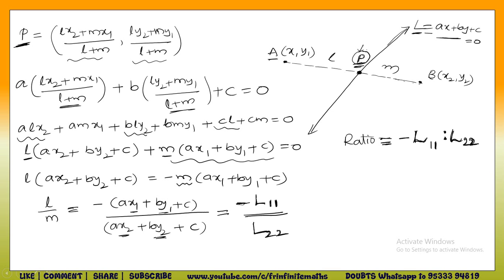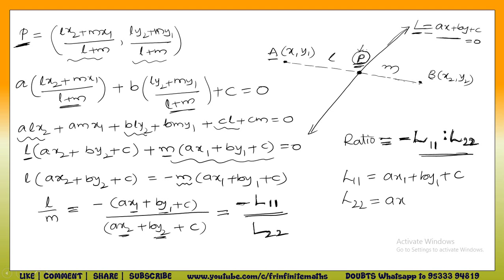So you need to remember this formula. If you are asked to find the ratio, then you can simply do L11 is to L22. What is L11? L11 means when you substitute X1 in the place of X, Y1 in the place of Y. This type of notation you will have in the upcoming chapters also, so that's why you need to remember this.